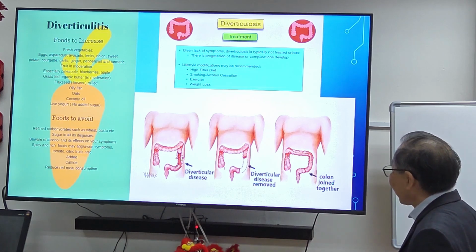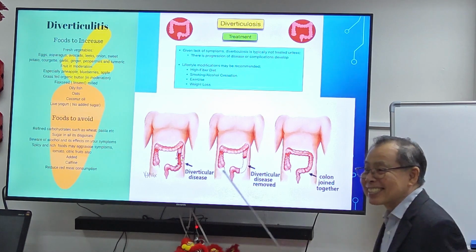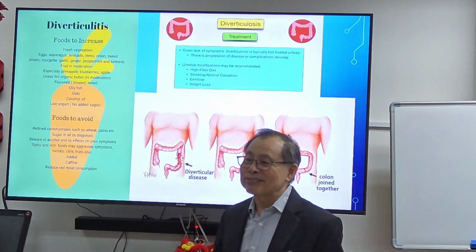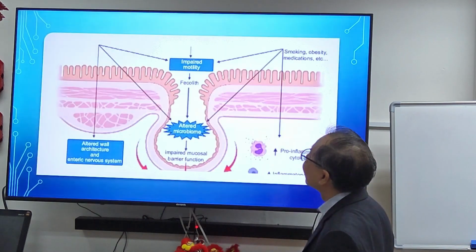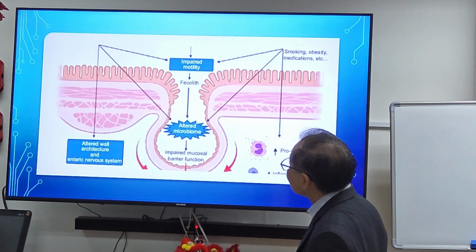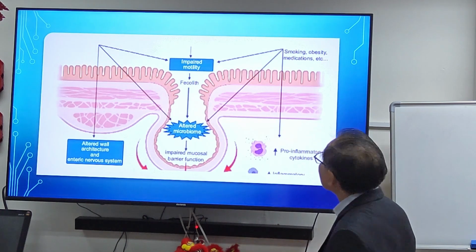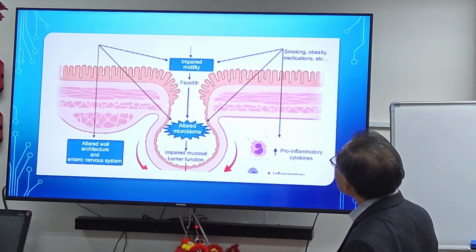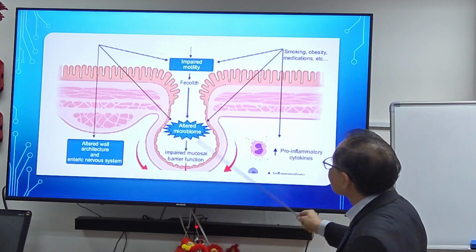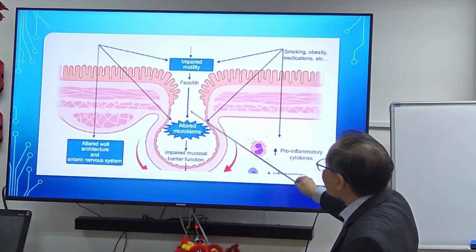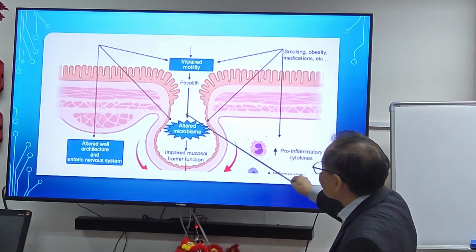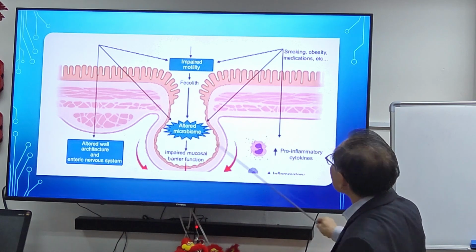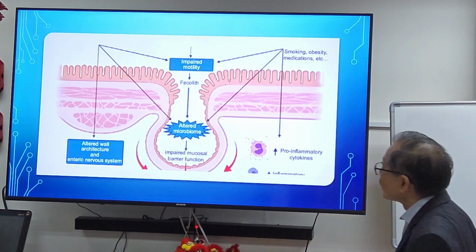And I don't think it's worthwhile to go through the exercise of removal. Once you're told you have something like this, just take care. So this is diverticulosis. All the problems come from your feces being trapped there.